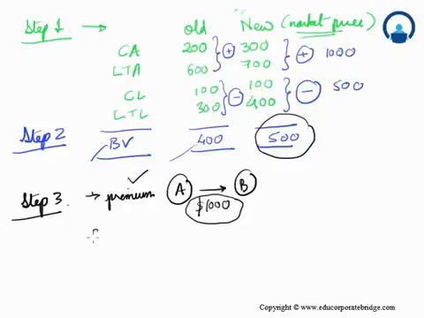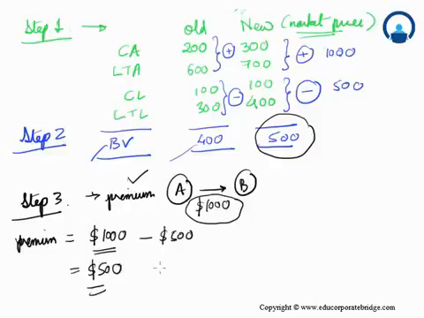So how much was the price we have paid? Price we have paid is $1,000, and the new book value, or the fair market price of book value, is $500. We calculate the premium by subtracting these two, and the premium is $500 in this case.